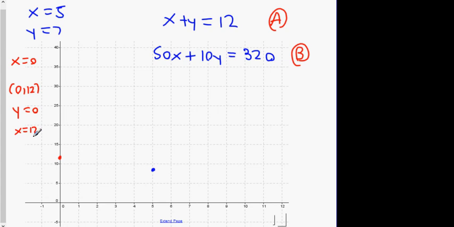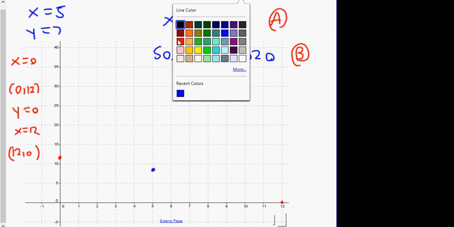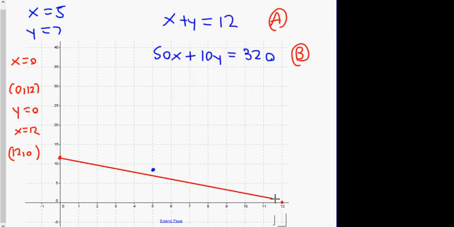That is the point 12, 0, located down here. And what we know is to draw the line, you only need 2 points. Once you get your 2 points, you can draw them going into each other, like so.